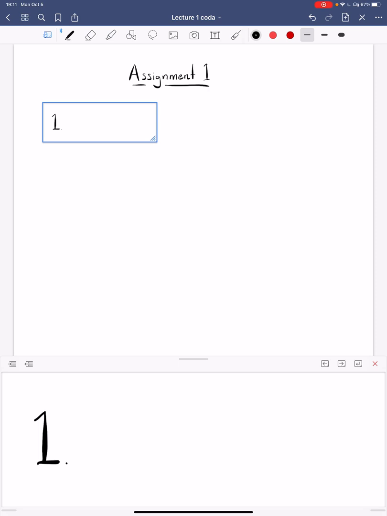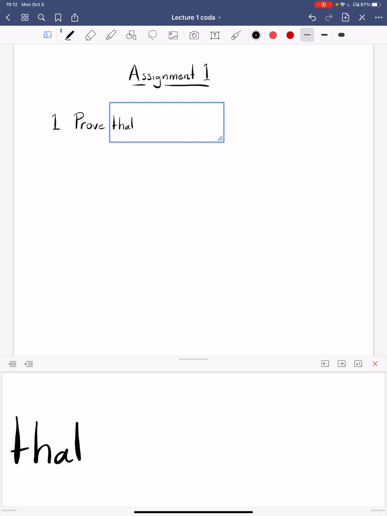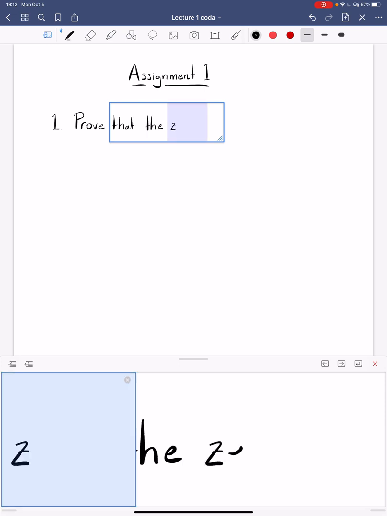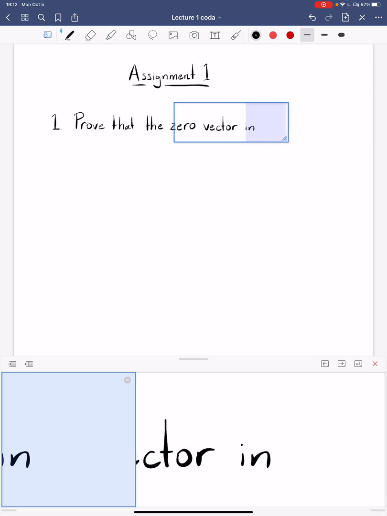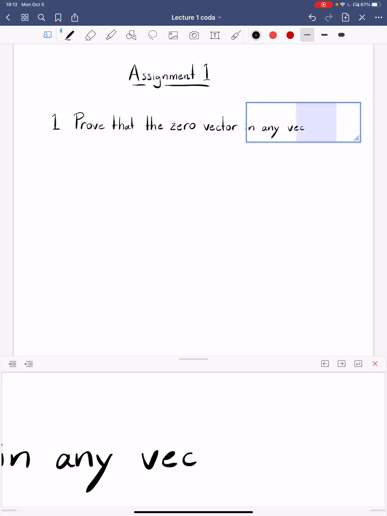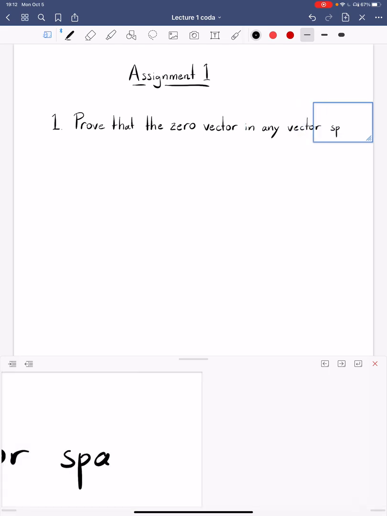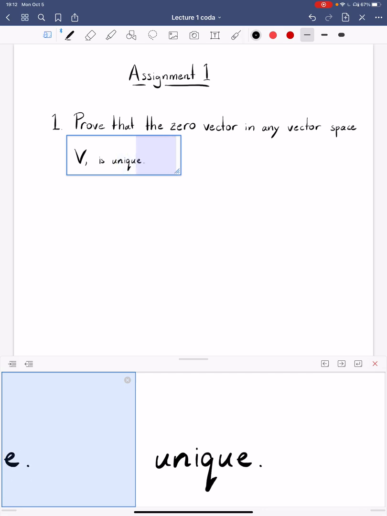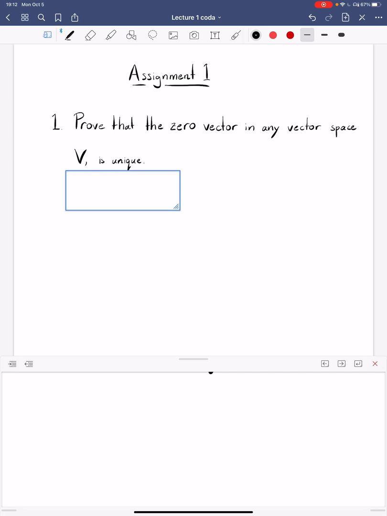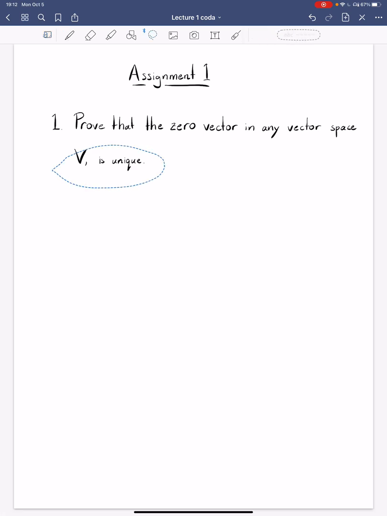I'm not going to copy down exactly what it says, but my recollection of what problem one says is something along the lines of: prove that the zero vector in any vector space V is unique. Okay, and so how does lecture one help with this?